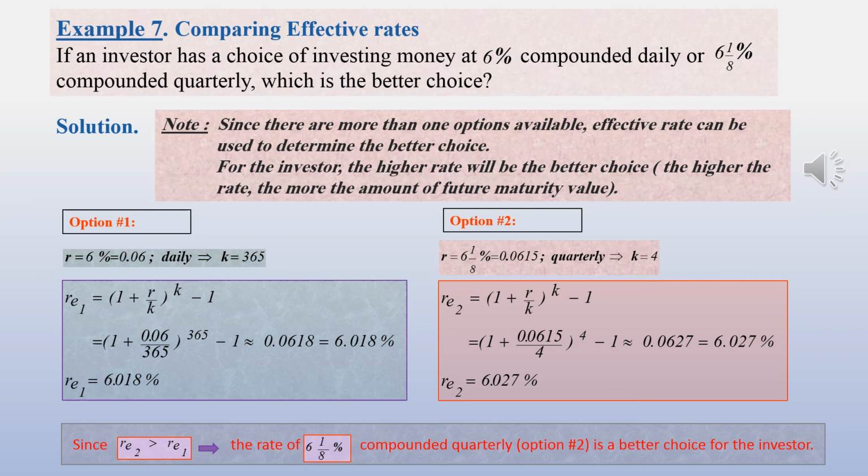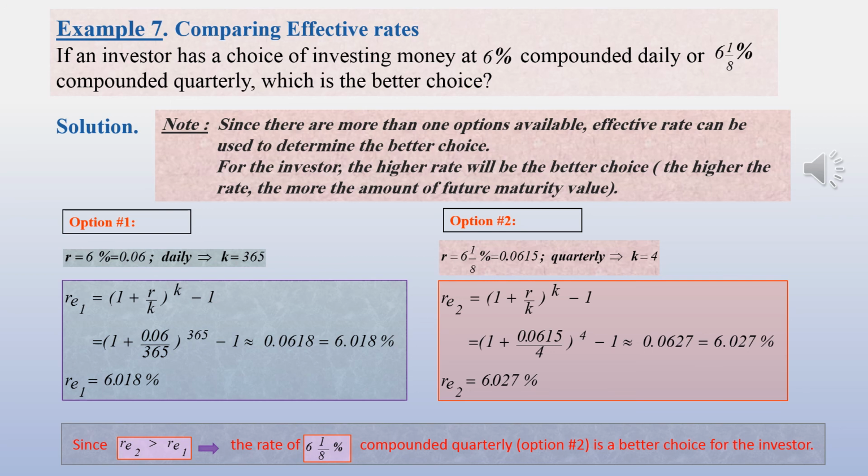So for option number 2, with the formula of RE2 equal to (1 plus R over k) to the degree of k, minus 1, we substitute all the variables here, R equal to 0.06125, which is equal to 6 1/8%, and k equal to 4, so we get RE2 is equal to 6.027%. We compare these two values, RE1 and RE2.